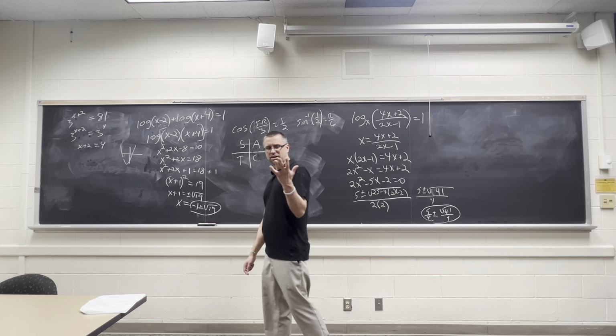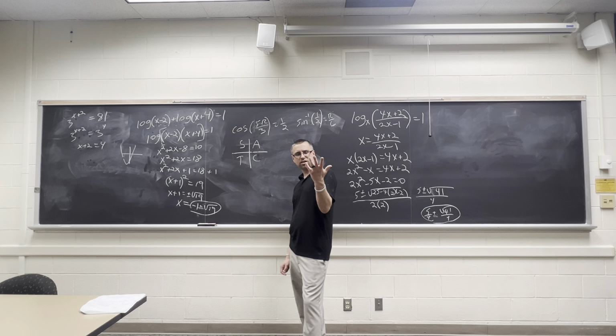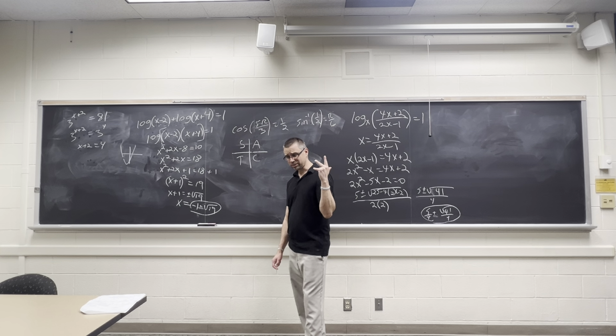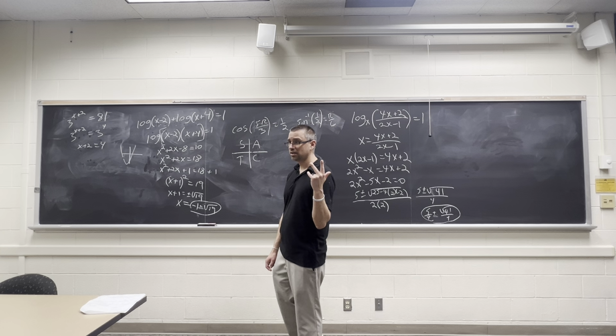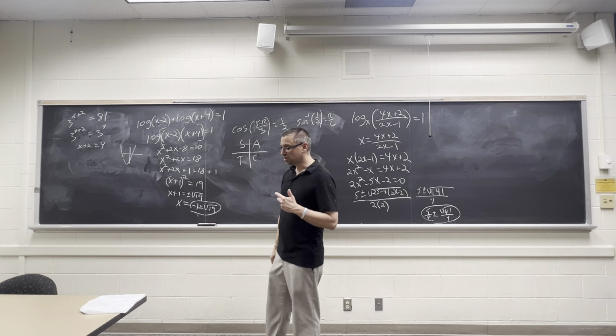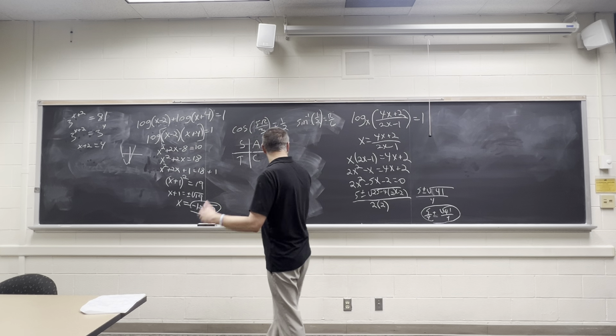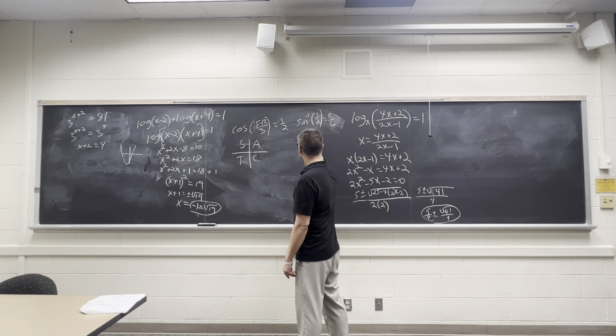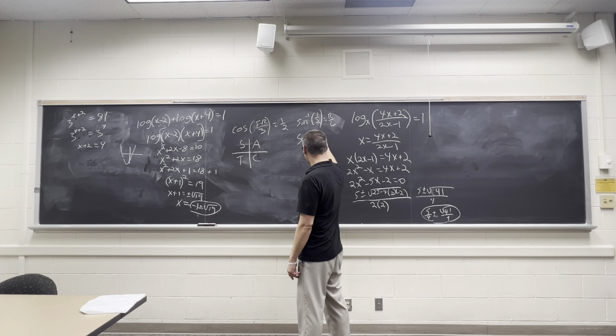Cosine, going back, is the square root of 1 over 2, which is 1/2. So therefore secant of pi over 3 is just 1 over 1/2, which is 2.